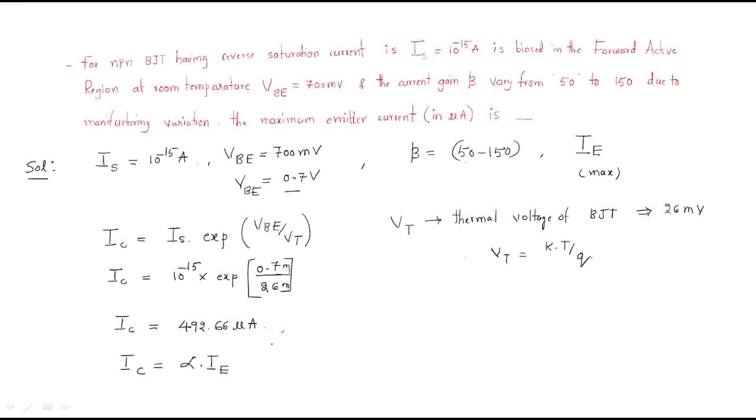This is the formula. And we have a relation between alpha and beta: alpha equals beta by beta plus 1.